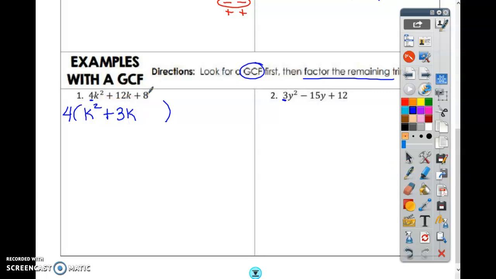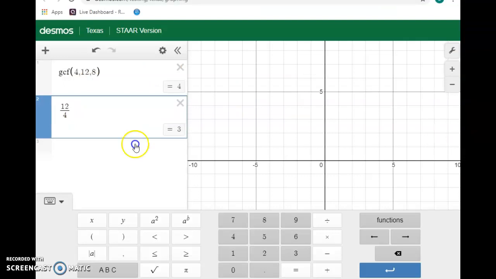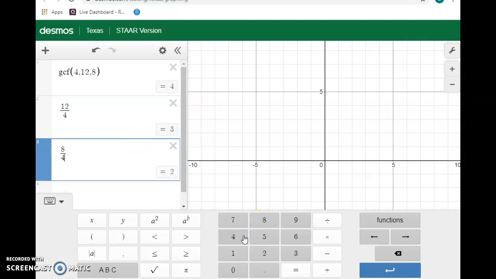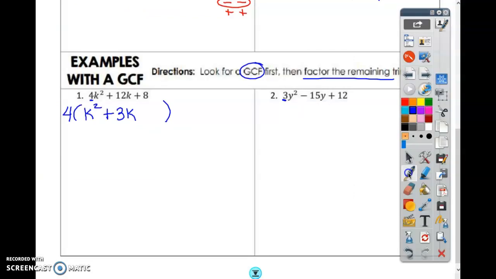And then if I take out a 4 from the 8, 8 divided by 4, I'm left with a 2. Positive 2. Okay, this is like Monday. I'm taking out a greatest common factor. Now I'm going to use this part and factor it out.